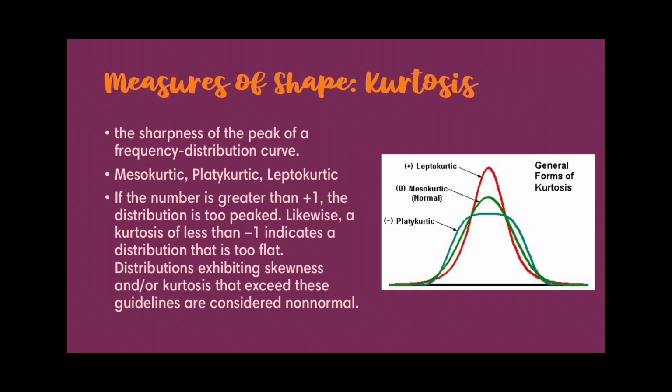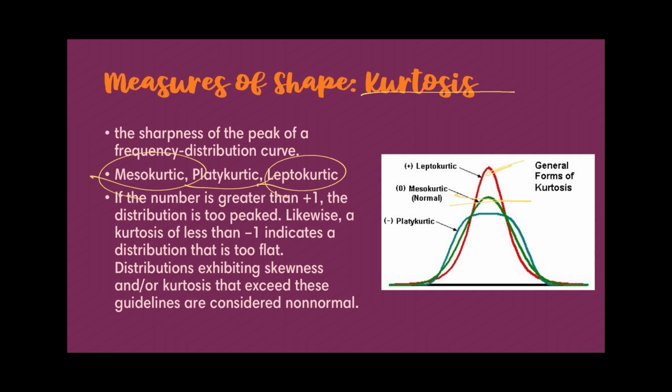The next measure of shape, in order for us to identify whether or not a certain continuous variable is normally distributed in your population, is kurtosis. Kurtosis is looking at it at a vertical level, so that's the sharpness of the peak of the frequency distribution curve. If it's not too sharp, then it's mesokurtic. If it's very sharp, then that's leptokurtic, as seen here.